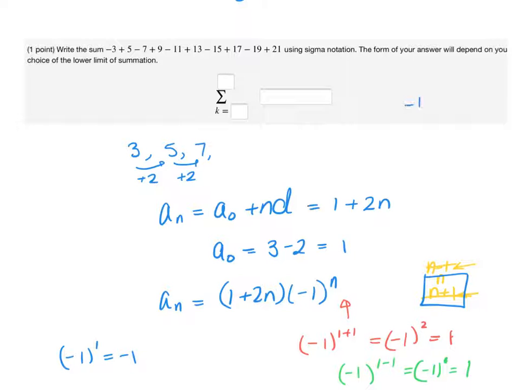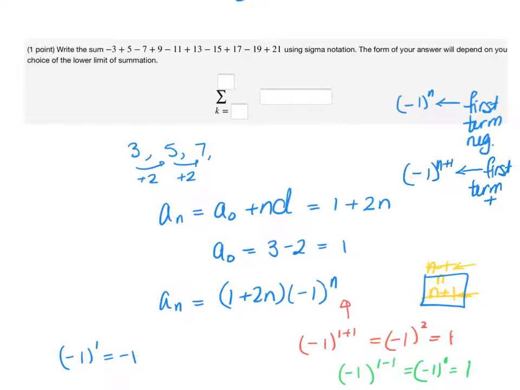If I have -1 raised to the n, I use this one when I want my first term to be negative. And I use -1 raised to the n plus 2 when I want my first term to be positive.